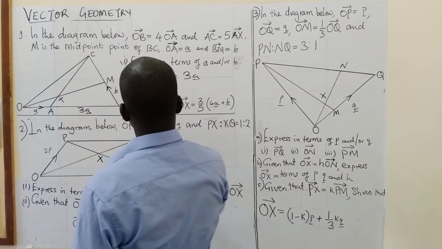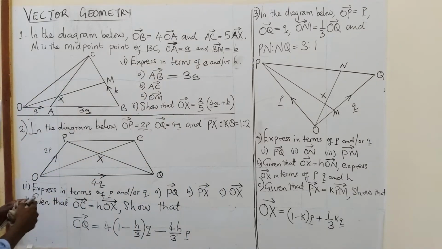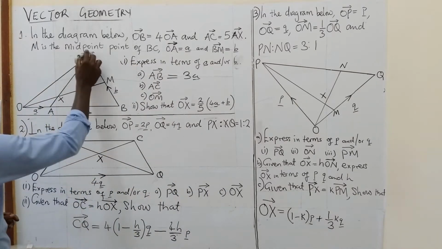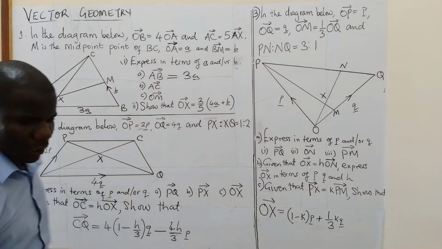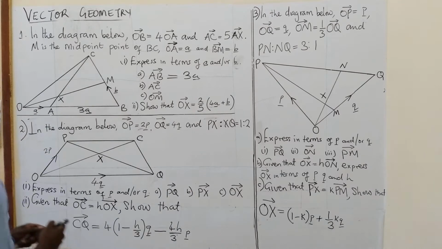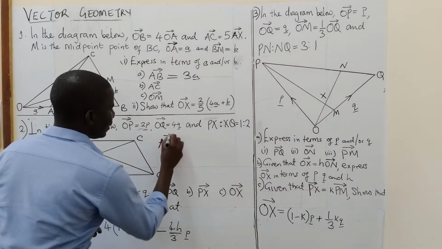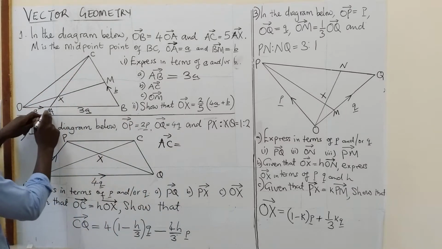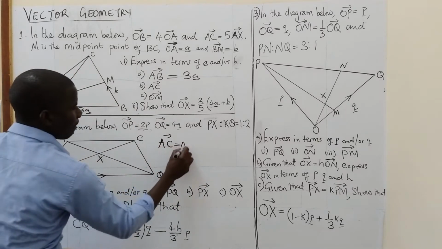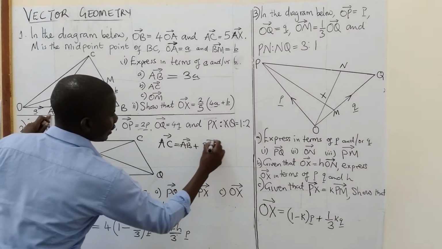AC, from A to C. So how do we look at this one? AC is going to be AB plus BC.